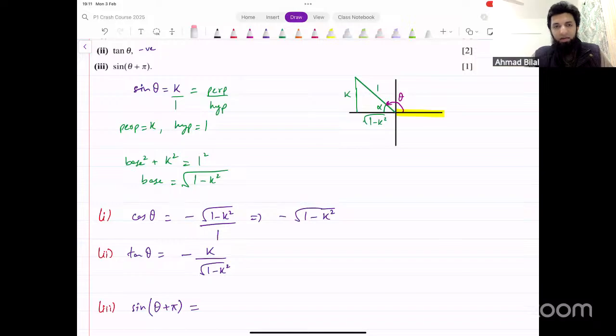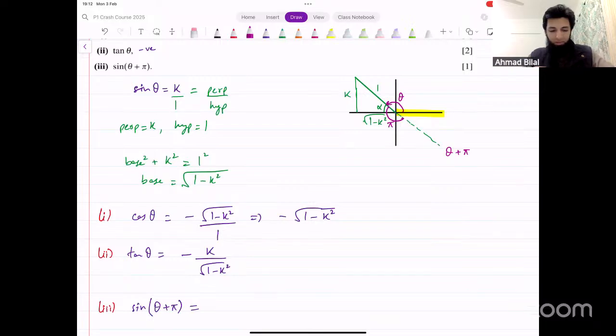Pi is 180 degrees, right? Pi means you're adding 180 degrees essentially. When that happens, you end up going to the fourth quadrant, right? Because this will be theta plus pi.